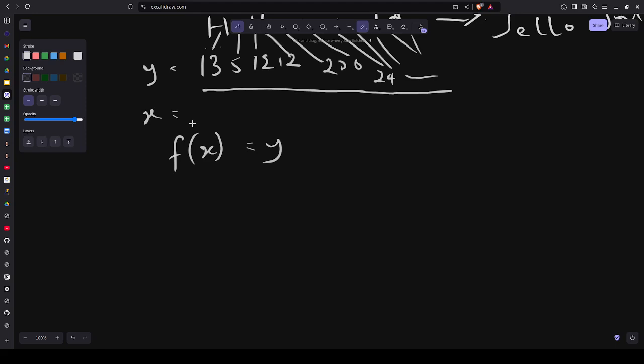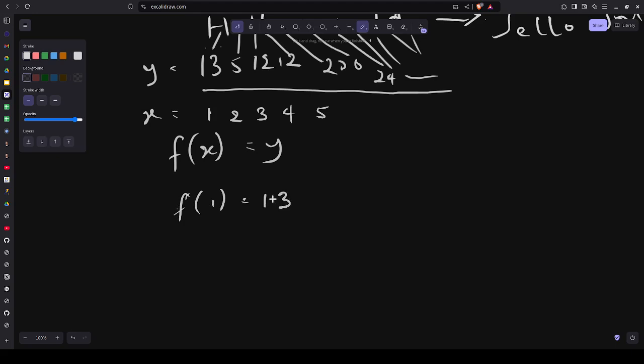So in that case, if we decide to go with the normal sequencing of numbers, we can start with 1, 2, 3, 4, 5 to the end, right? So we look for a polynomial such that if we pass in f of 1, we are going to get 13.